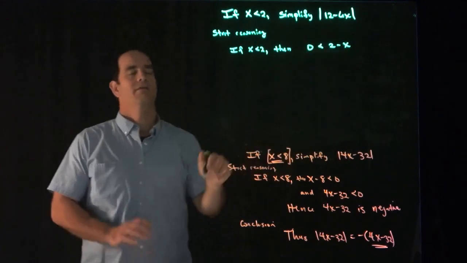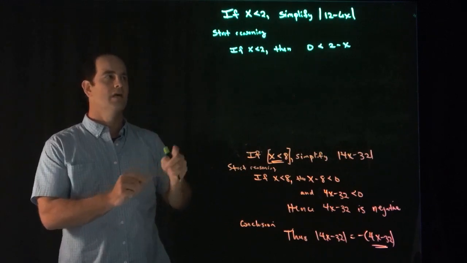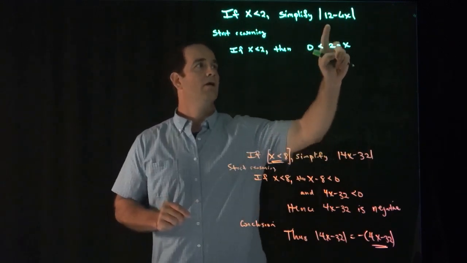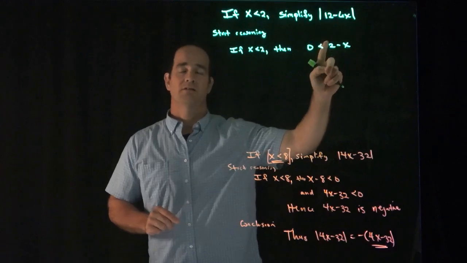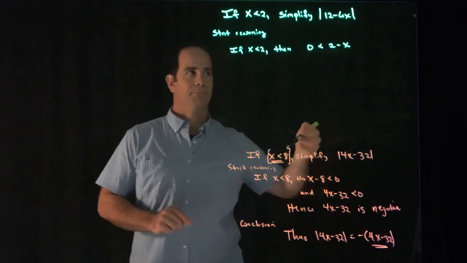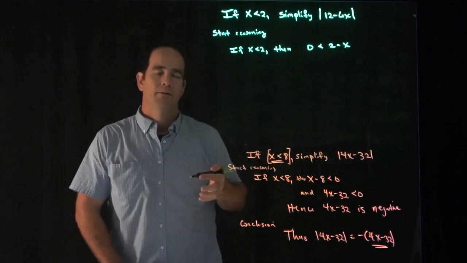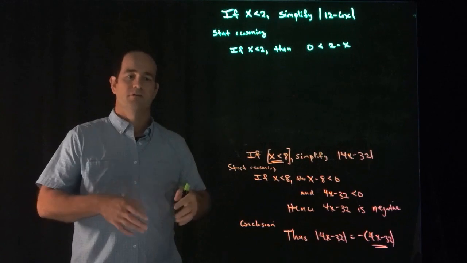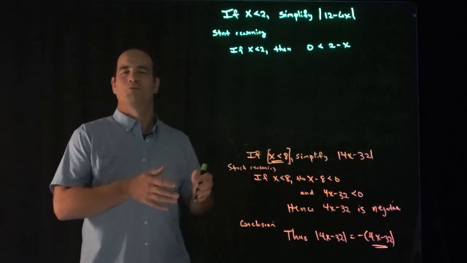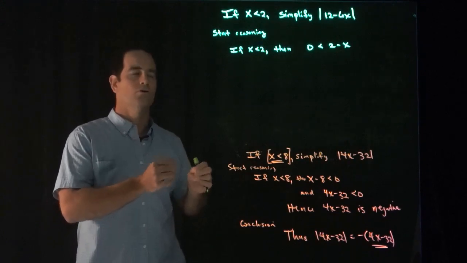I want to mimic the arrangement of constants and linear terms in my inequality. 12 minus 6x has the constant before the linear term. 2 minus x mimics that. It doesn't necessarily have to be done that way, but I feel that part of my job is to teach you the most efficient way. That's what we like, right? To make sure our efforts get to the goal as quickly as possible.